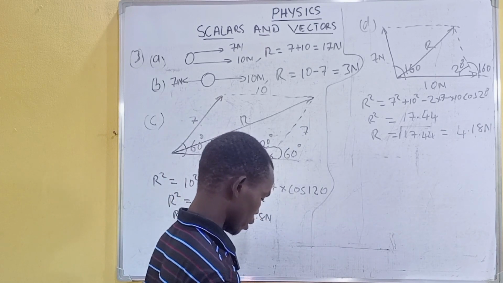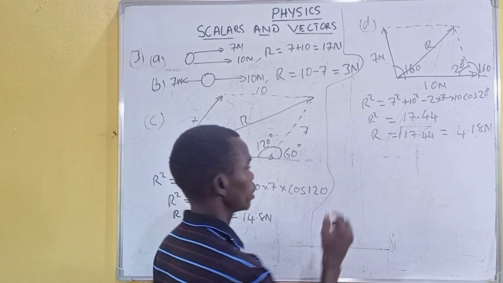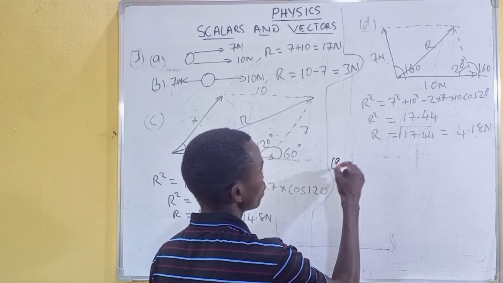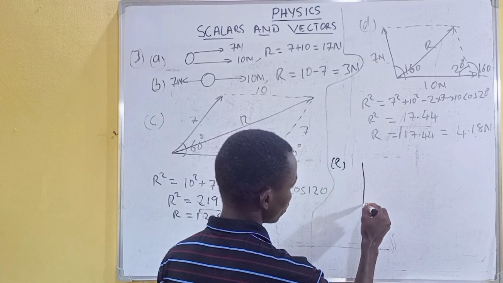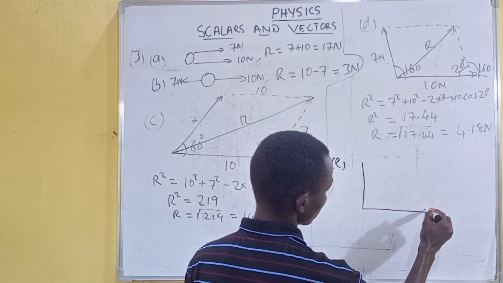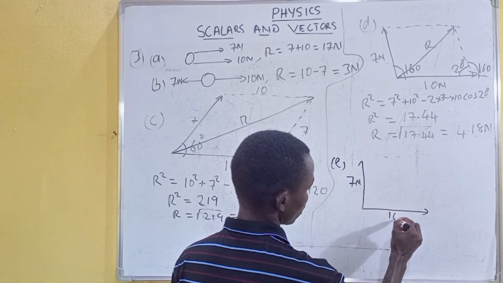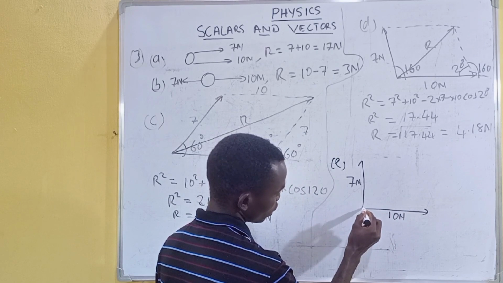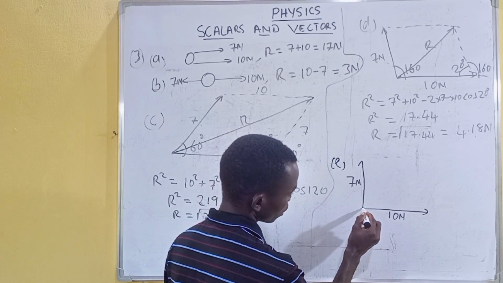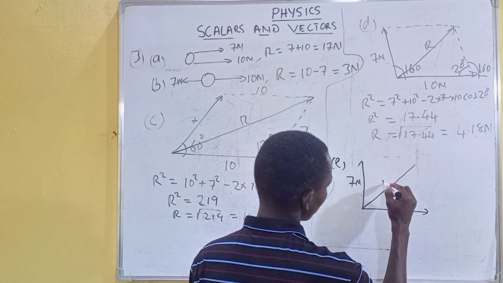So let's look at the E part of the question. We say that the two forces act at 90 degrees to each other. Here is 7 Newton, here is 10 Newton. The resultant vector will be the diagonal drawn from the point of intersection of the two vectors.